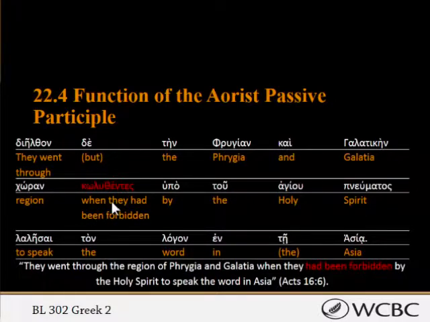So they had been forbidden. And so we get those two ideas with regard to the aorist passive participles. It's action that is antecedent or prior to the time of the main verb, and is also dealing with an action that is in the passive voice. Something is acting upon the subject in this particular sentence.